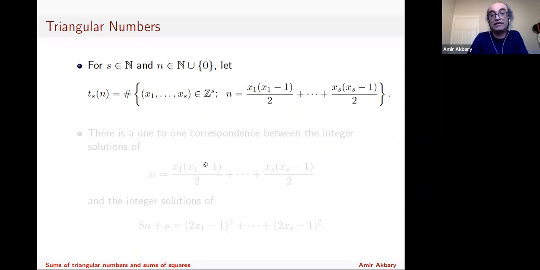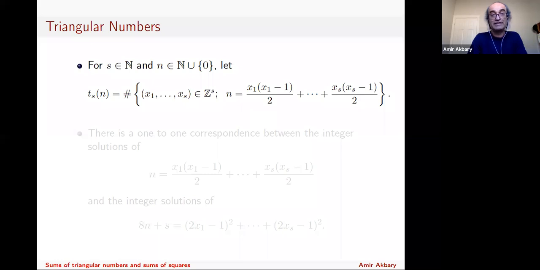Another example is to consider in how many ways you can write n as a sum of values of this polynomial. Each term here, xi times xi minus 1 over 2, is something that we call a triangular number. So in how many ways can we write n as a sum of s triangular numbers?